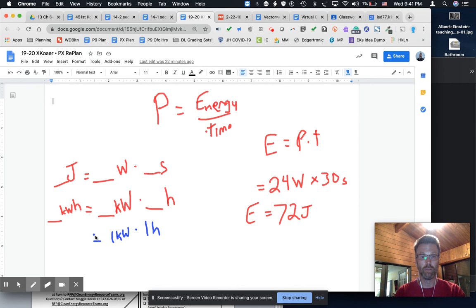Well, that's a unit of energy that's simply called 1 kilowatt hour. Of course, if you had 2 kilowatts for an hour, it'd be 2 kilowatt hours. 2 kilowatts for 2 hours, it'd be 4 kilowatt hours, and so forth. Same concept, energy is power times time, but a unit that's more useful.